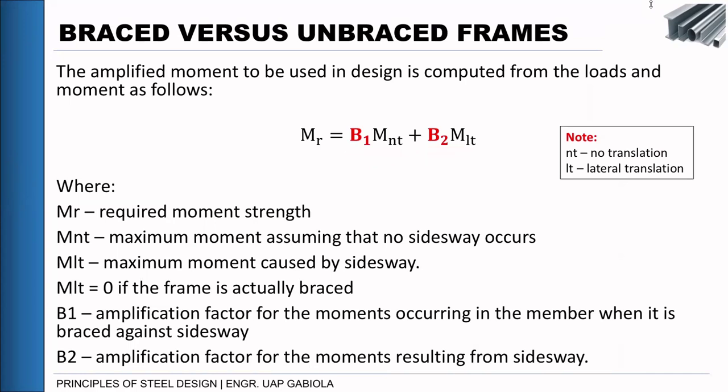So what is different between the two? Again, B1 is the amplification factor for a braced system, and it comes from the P small delta effect. Now we have B2, which is from the P big delta effect.